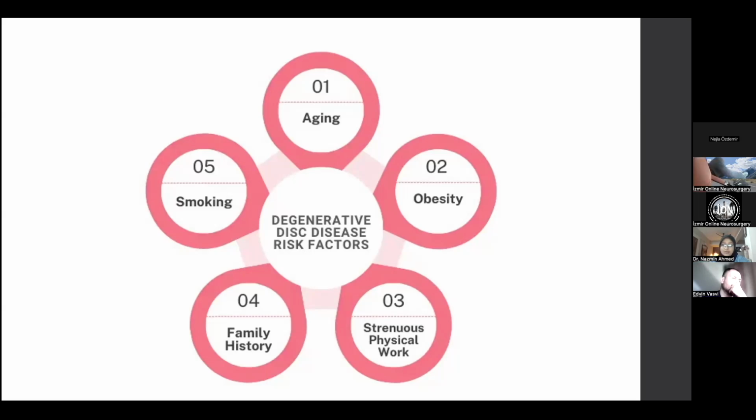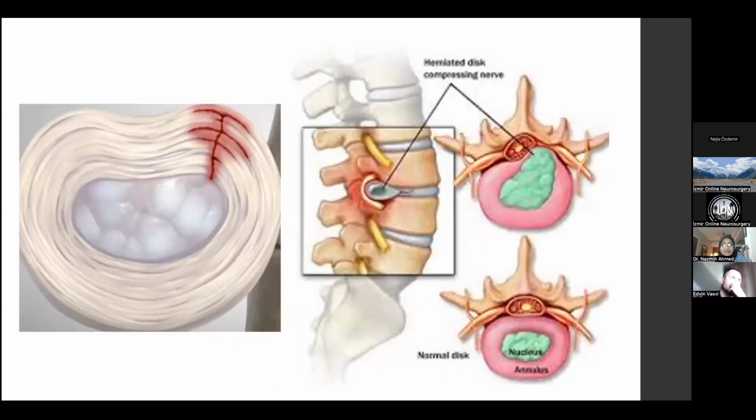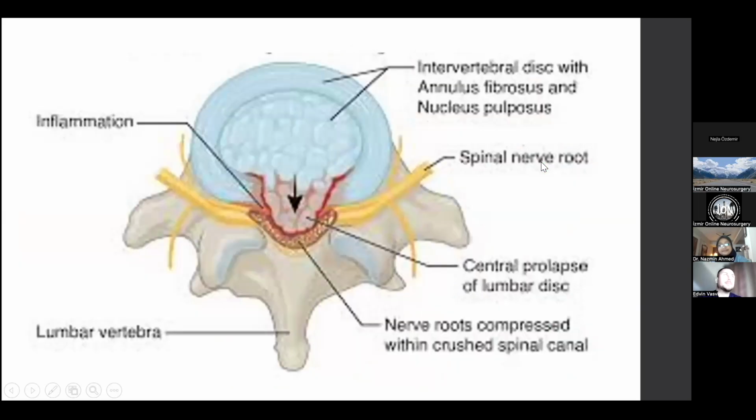These are the common predisposing factors which cause degenerative disc disease. In the initial stages of degeneration, shown in the schematic picture on the left side, there is wearing and tearing of the annulus fibrosus, which later causes herniation of the nucleus pulposus through this tear. The result is that this herniated disc material acts as a foreign body in the spinal canal.